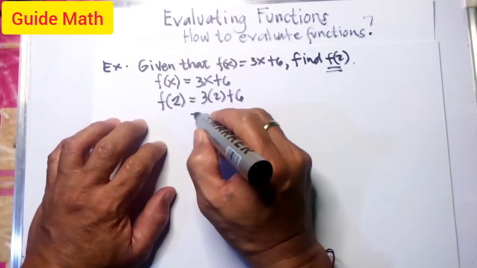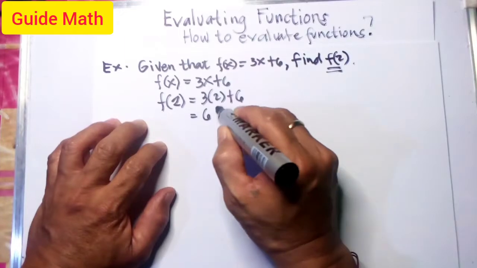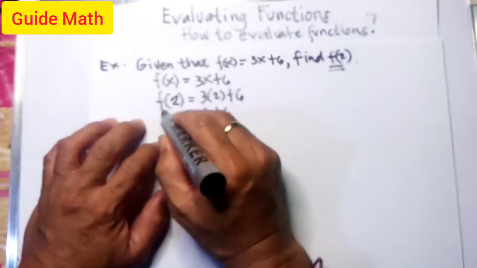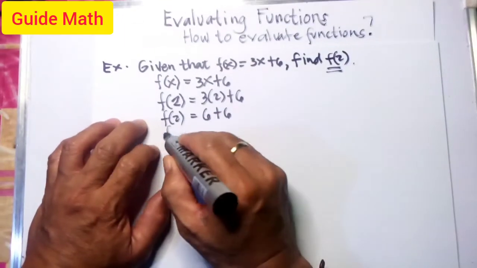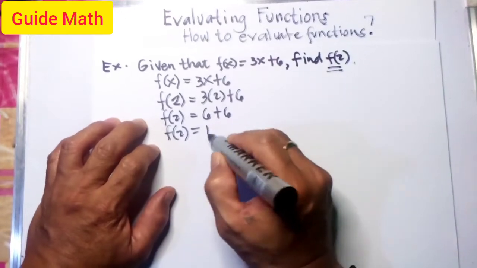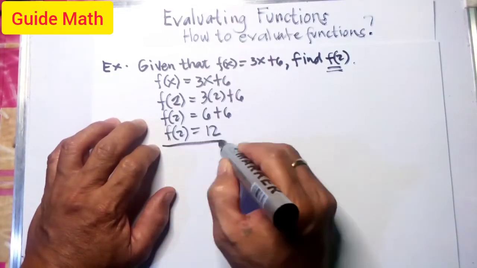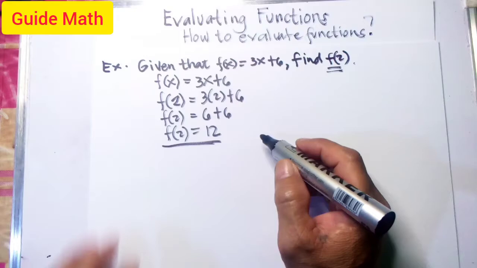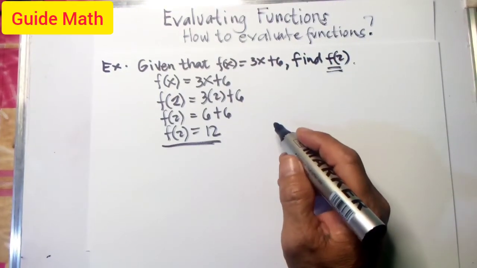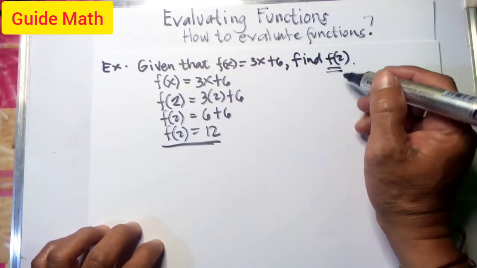Evaluating, 3 times 2 is 6, plus 6, so f of 2 is equal to 12. So 12 will now be our output, based on the given rule and the input f of 2.